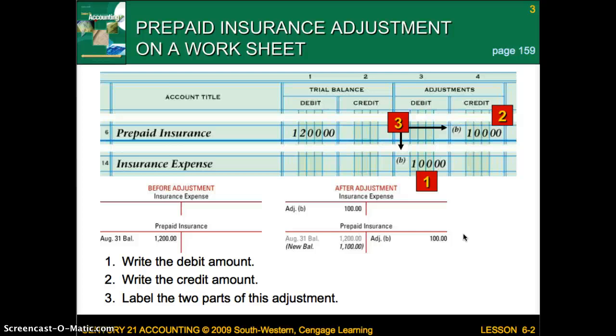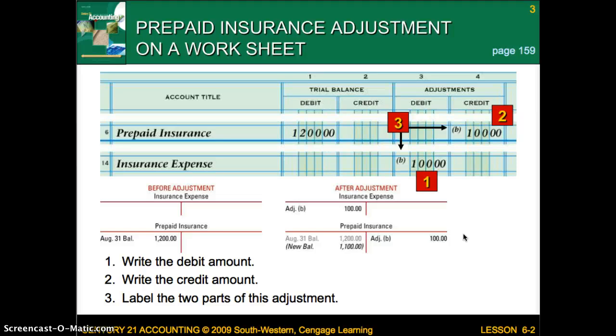So we pay insurance maybe once a year or whatever, and we use a little bit of it at a time. So we need to adjust for the fact that we have some left. If you look there in that green box, it says prepaid insurance balance is $1,200. Insurance coverage remaining, what we have unused, is $1,100. And so the adjustment amount, what we've used, is $100.